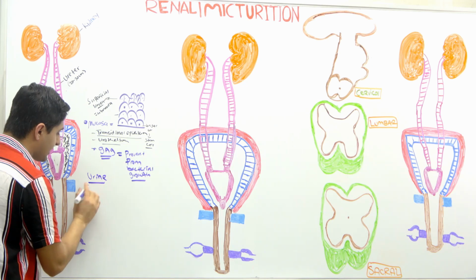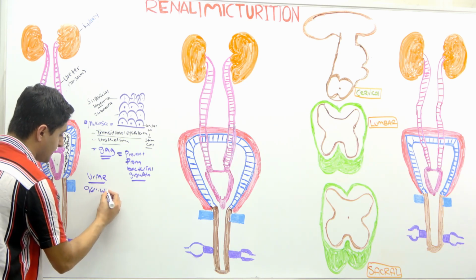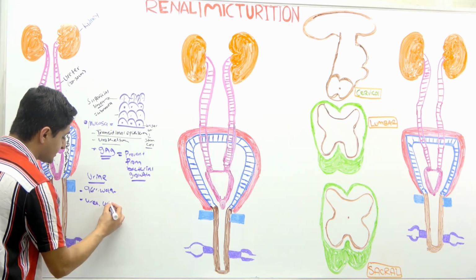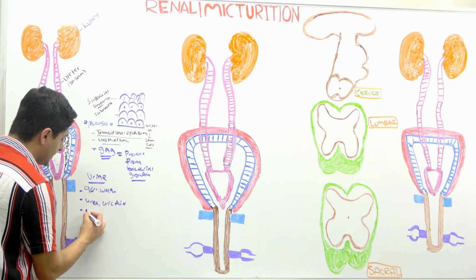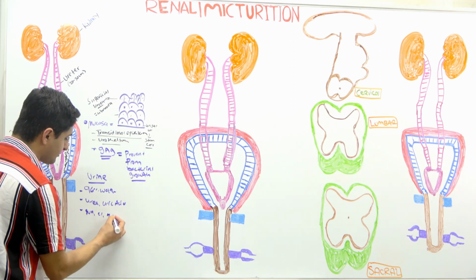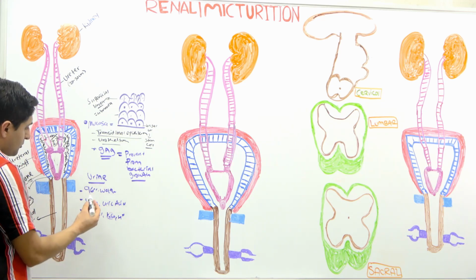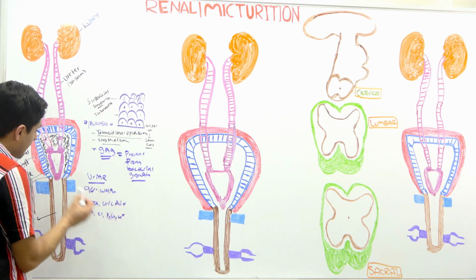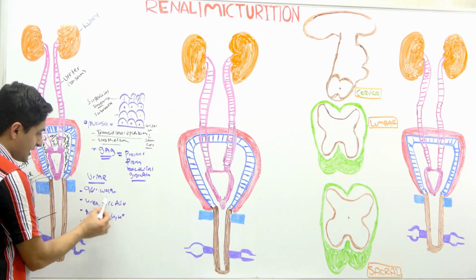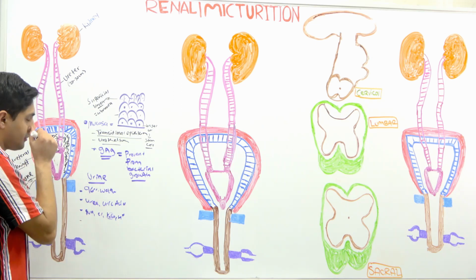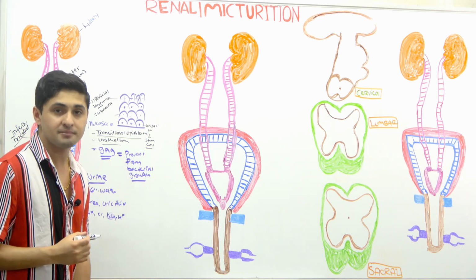It's 95 to 96% water, and then it has urea, a little bit of uric acid, sodium, chloride, bicarbonate, protons, and so on. The permeability barrier does not allow these substances to get exchanged with the muscular wall of the urinary bladder.